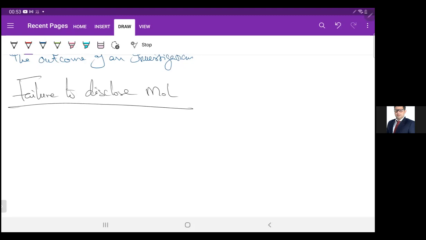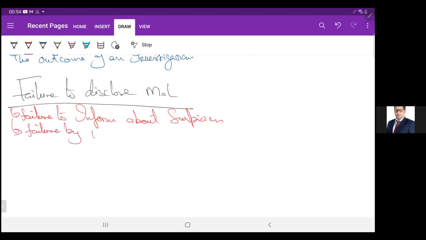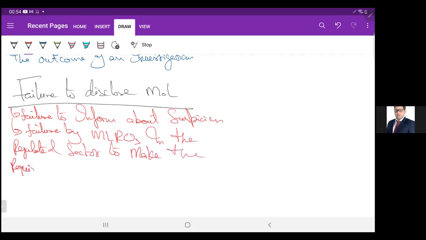This includes failure to inform about suspicion, and failure by MLROs, that means money laundering reporting officers, in the regulated sector to make the required report to regulators.